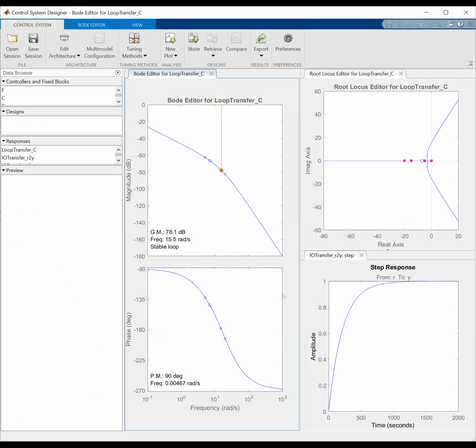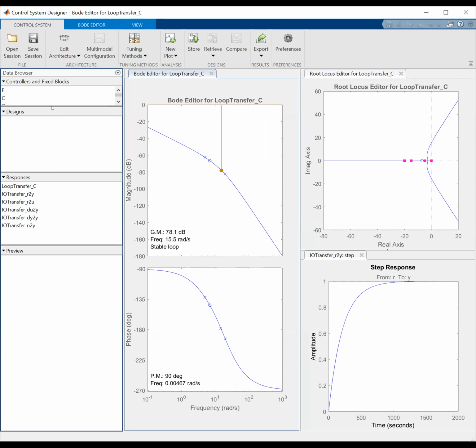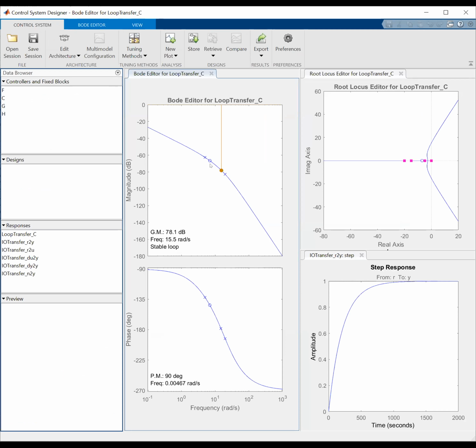So what you're going to have is you're going to have all the information about this system. So you will have bode plot, you will have root locus, and you will have step response.